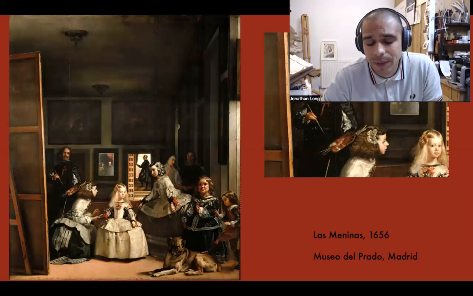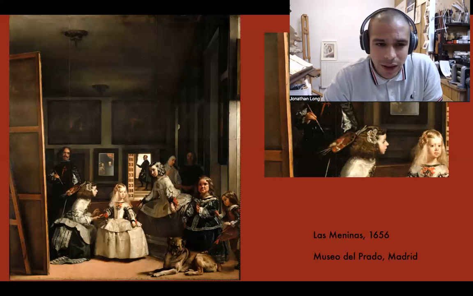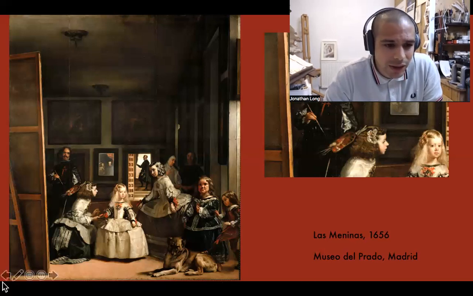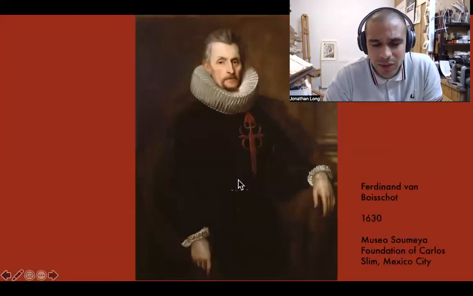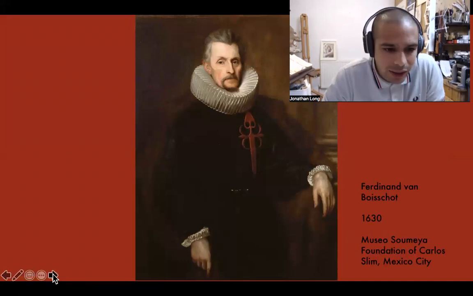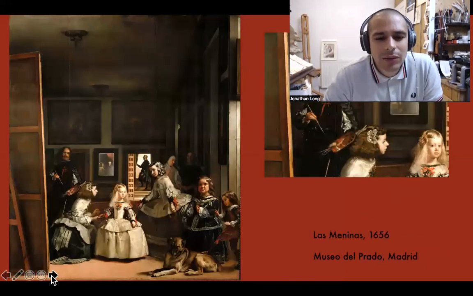But we've got a painter in Velázquez, born in 1599, same year as Sir Anthony van Dyke. And here he's depicted as a member of this knightly order, the Order of the Knights of Santiago. The same, which is on the breast of this Dutchman here. Very interesting. I'm really excited when I put this slide in.